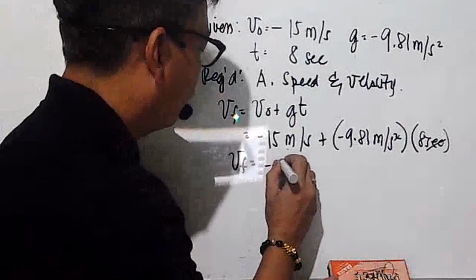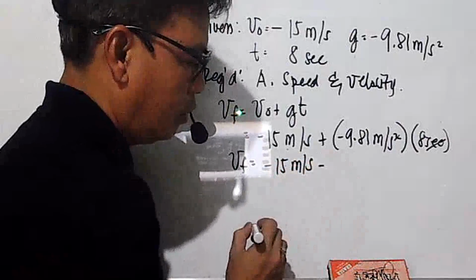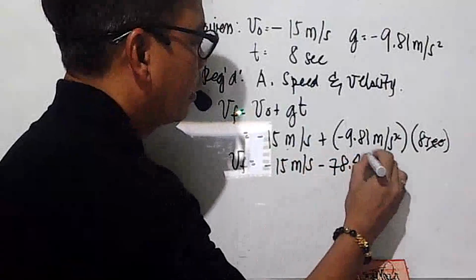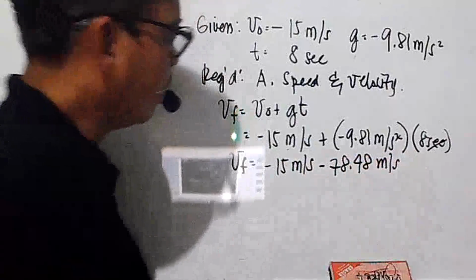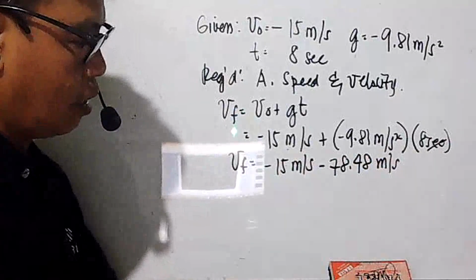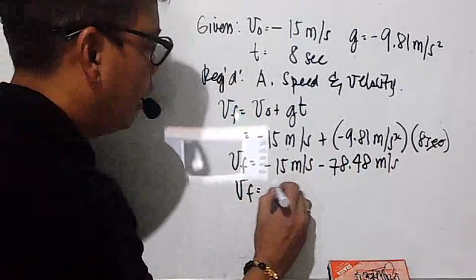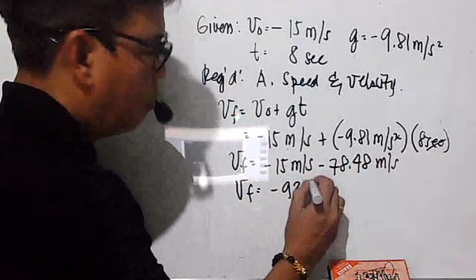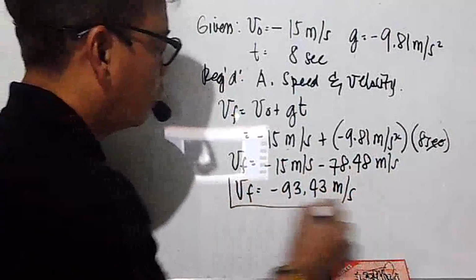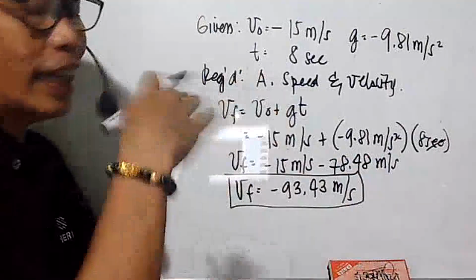So negative 15 meters per second minus 78.48 meters per second. Then we subtract 15, so we have a final velocity of negative 93.48 meters per second. So this is your velocity after 8 seconds.